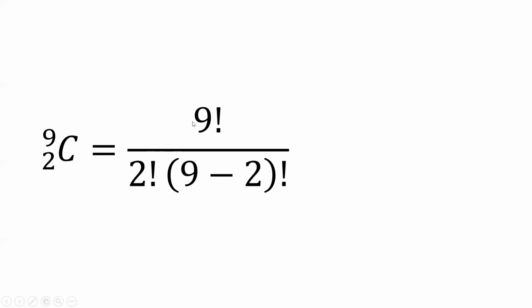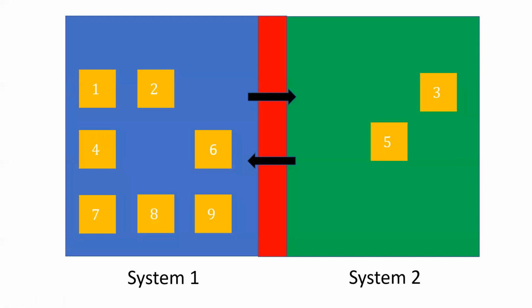So all you're left with is 9 times 8 divided by 2. That's 72 divided by 2, so that would be 36. So if you had some time to think about it, you could come up with 36 different microstates corresponding to this macrostate. What is the macrostate? 2 units of energy on the right, 7 units of energy on the left.